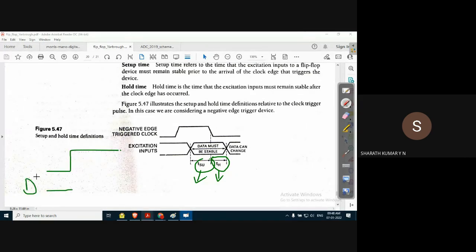For example, this is D, this is clock. When D changes its state only for a short duration, it's of no use. D should be high or low for a sufficient duration, called the hold time, so that the output changes. If D changes only for a short duration, less than the hold time, it will not affect the output. So that's the basic difference between setup time and hold time.